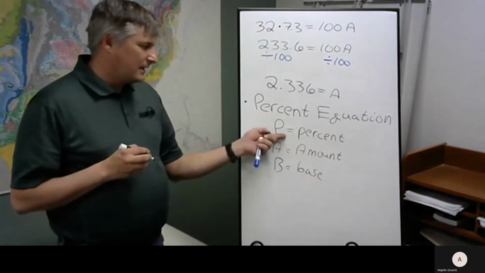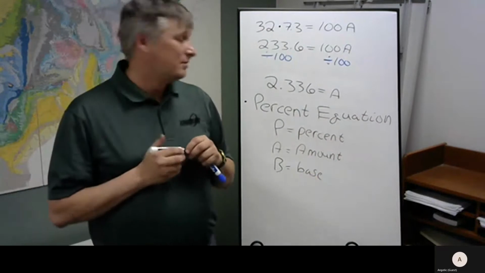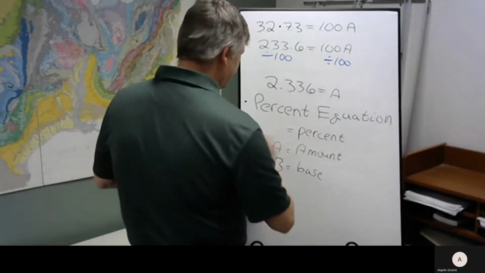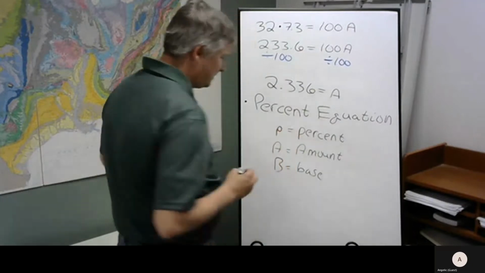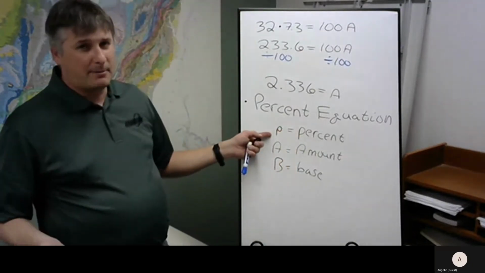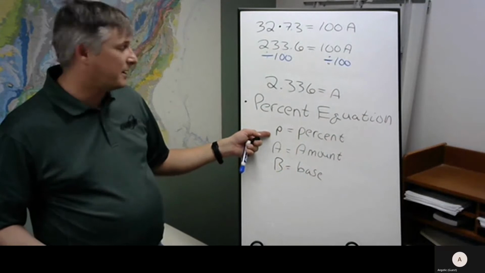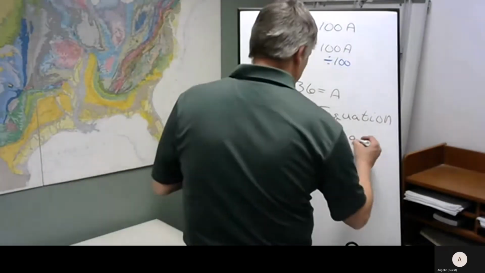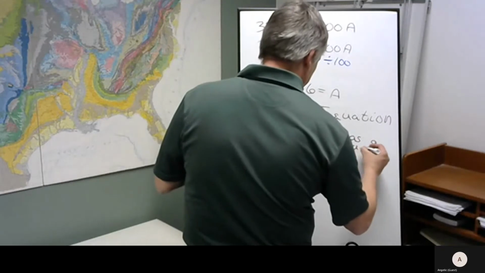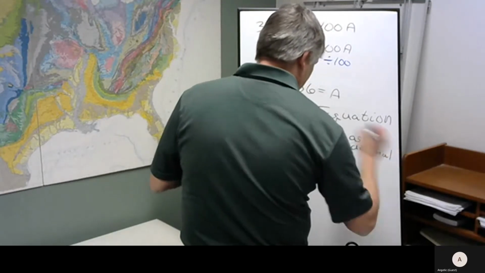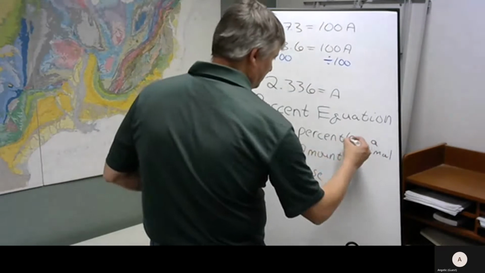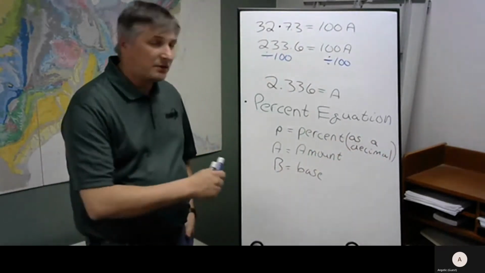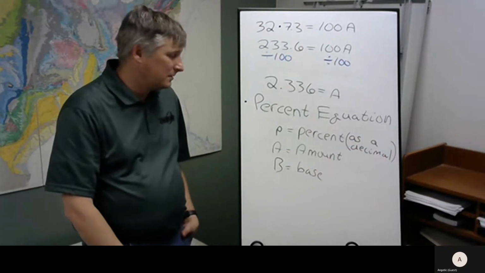Now, in the percent equation, I'm going to use a lowercase p here. In the text, they use a capital P, but the reason that we use lowercase, this is percent as a decimal. So when we deal with the percent here, we're dealing with percent as a decimal.